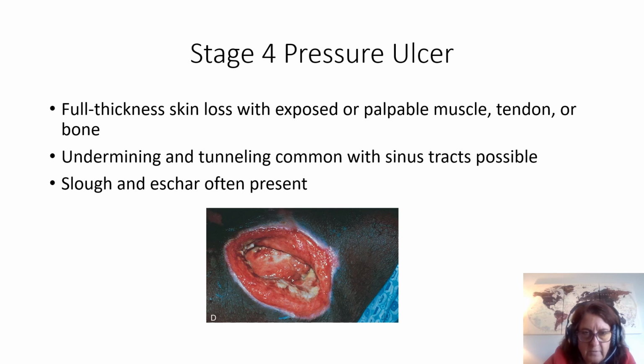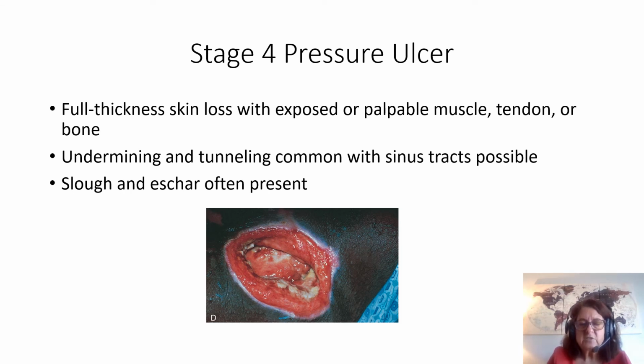And then stage 4, that's the worst. That's when you can see the muscle or tendons or even bone. Often you'll have some tunneling, slough, and eschar. That's where you'll really need a wound care nurse, or sometimes in some situations that would be you.